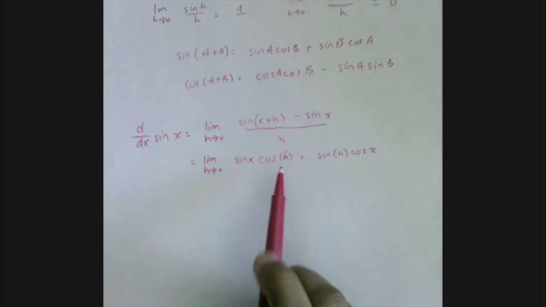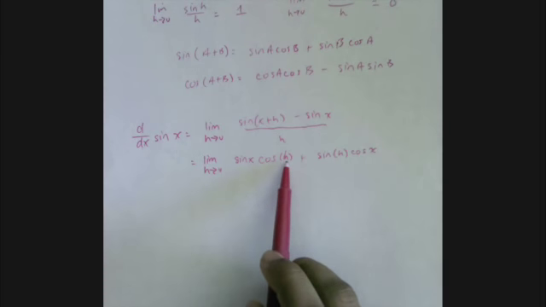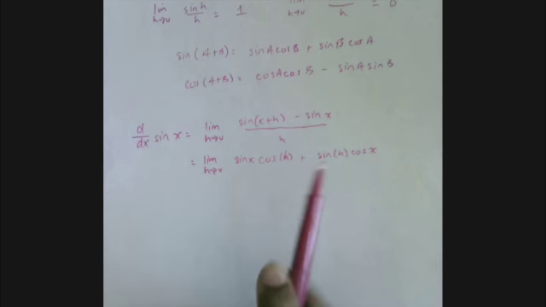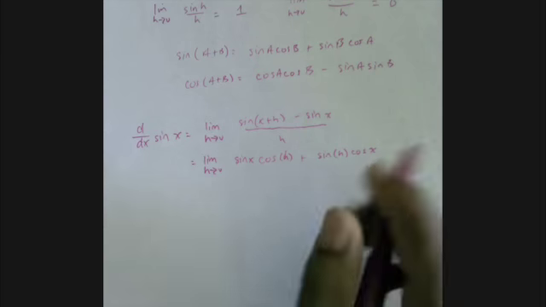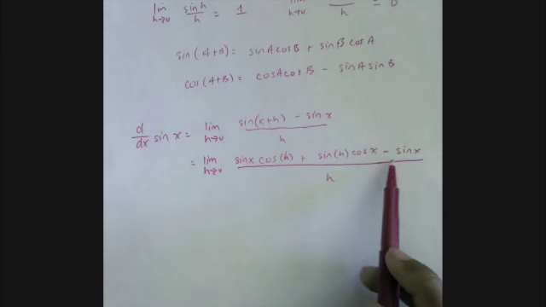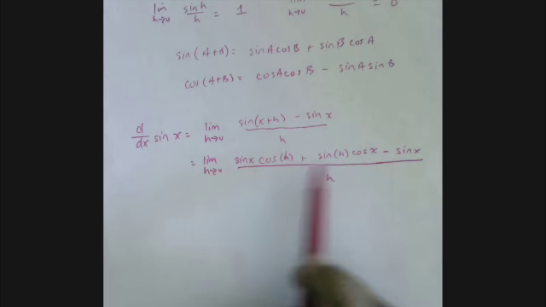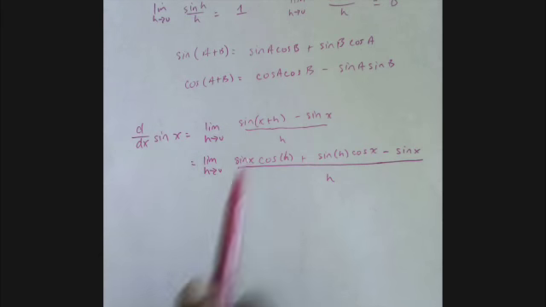I'm writing the h in parentheses to show that it's the argument of the function. If I didn't, that's actually another trigonometric function, the hyperbolic cosine function. Please don't worry about that for now. We won't forget about our minus sine x at the end, and everything is divided by h. These first two terms just came from sine of x plus h.